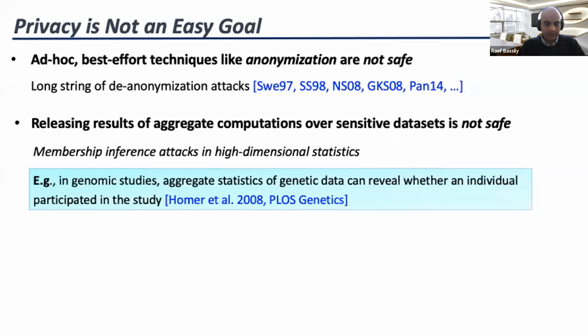For example, in a high-profile research paper that appeared in 2008 in phylogenetics, Homer et al. actually showed that in genomic studies, under certain technical conditions, certain aggregate statistics of genetic data can be used to re-identify individuals that participated in the study. And it's not hard to see that this type of information leakage is actually a privacy violation, especially if that study was about some perhaps socially stigmatic disease.